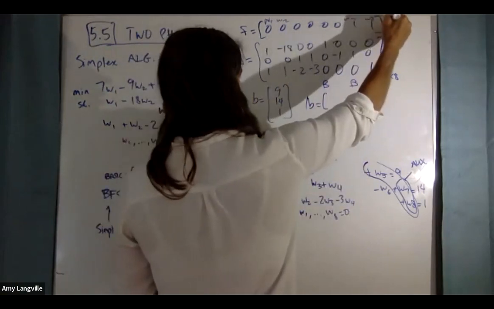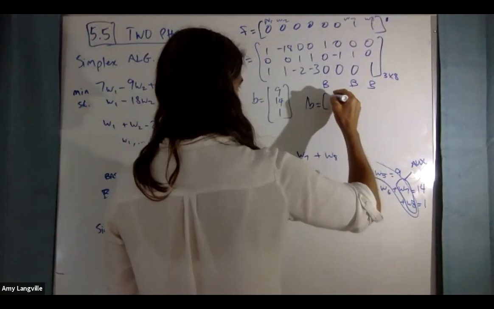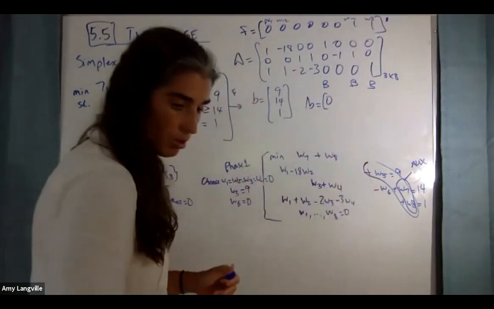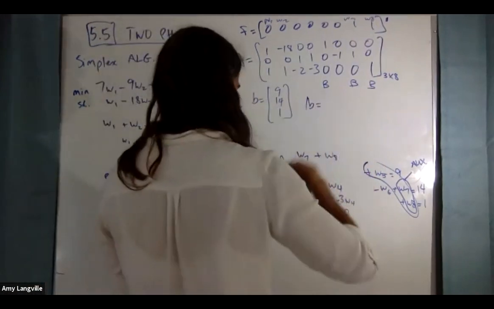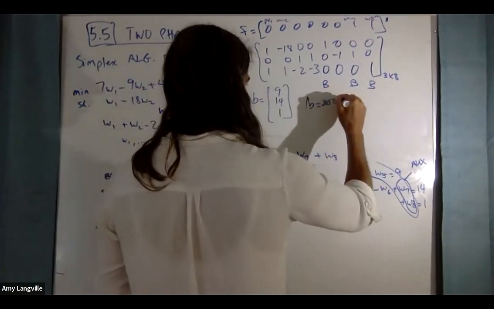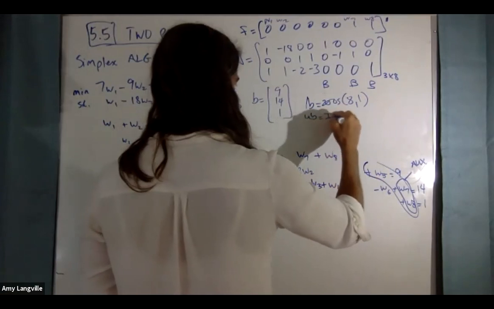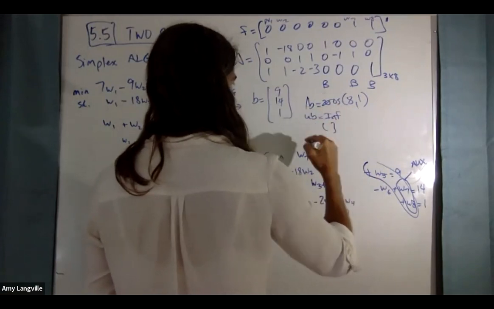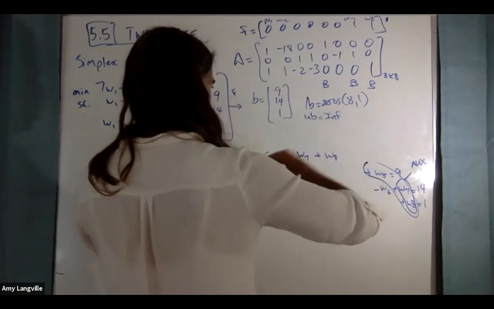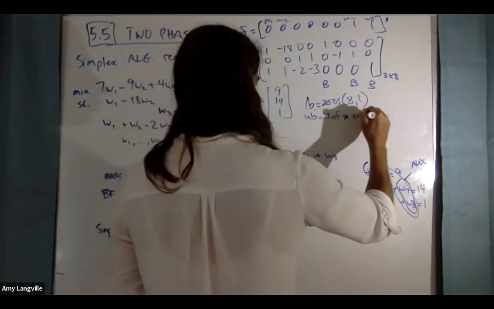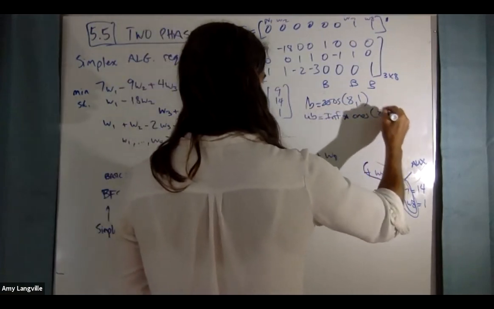You should prime that at the end. So this would be all zeros, or easier way to write it, just zeros, 8 by 1. Upper bound vector, infinity, or you can just make it empty. Infinity times ones, 8 by 1.